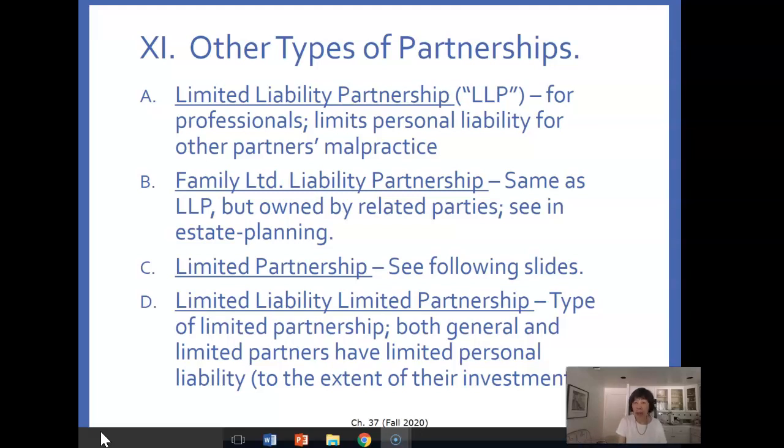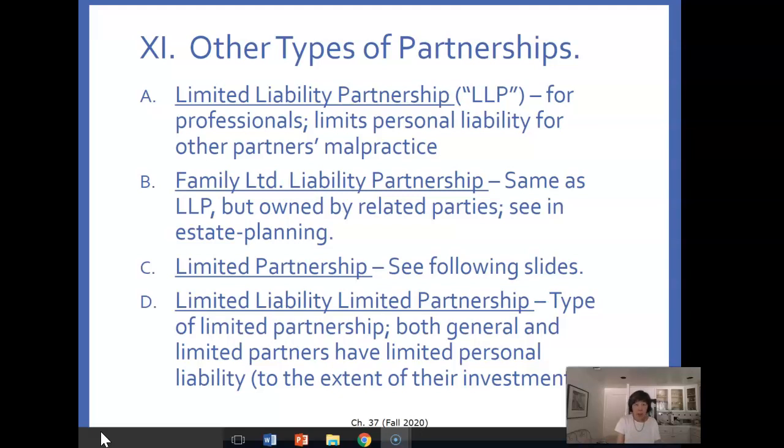What you might have then are the parents as the general partners and their adult children as the limited partners, and it's a way for the parents to transfer periodically their shares as general partners to their children through the family limited liability partnership. So it's just a vehicle for estate planning.